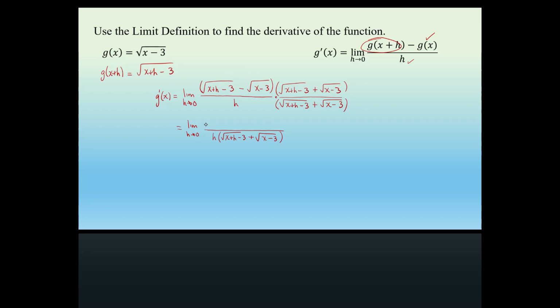So we end up with x plus h minus 3. That falls out of the square root. This multiplied by that would be the square root of x plus h minus 3 times the square root of x minus 3. To save a little time, I need you to understand that when you multiply this by this one, you'll end up with the same thing except for it's with a minus sign, so they should cancel each other out.